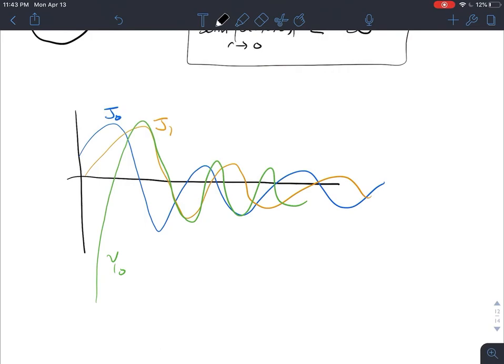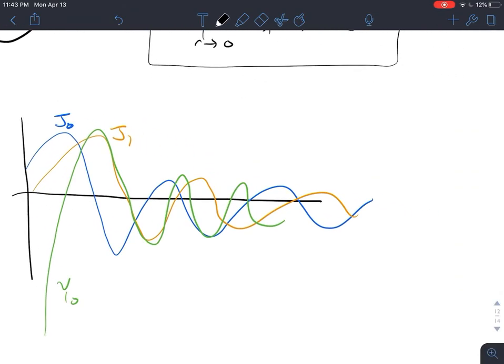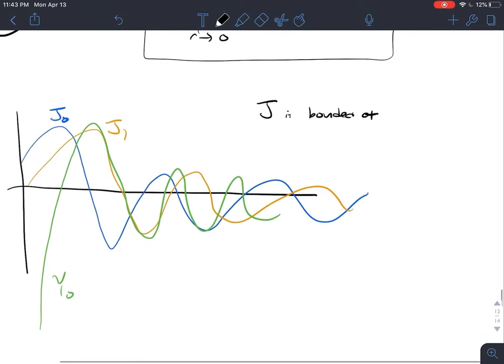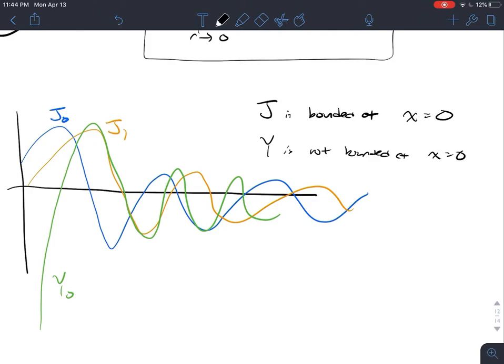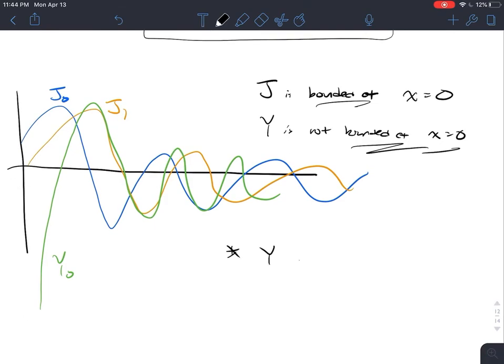So amongst this garbled color mess, hopefully you guys can tell what I'm about to say. The key things to notice are that J is bounded at x equals 0. Y is not bounded at x equals 0. So the key note to take away is that Y explodes as x approaches 0.